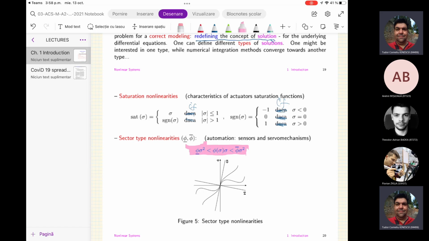So this is what a sector looks like. Essentially, it says that the function phi of sigma takes values only in this sector.